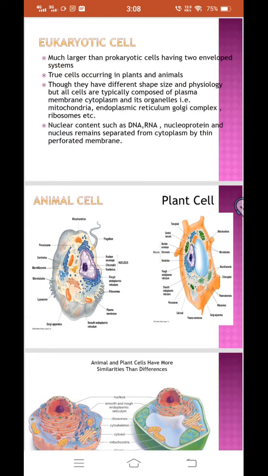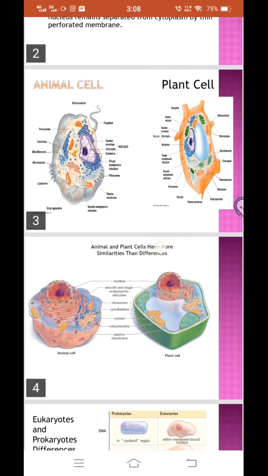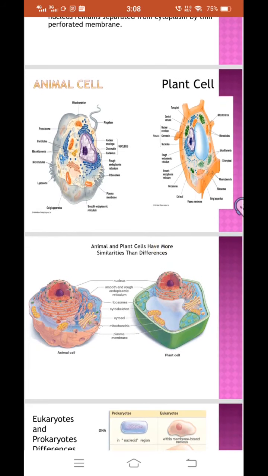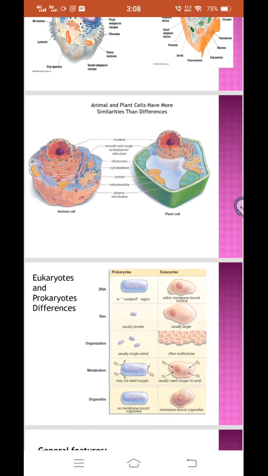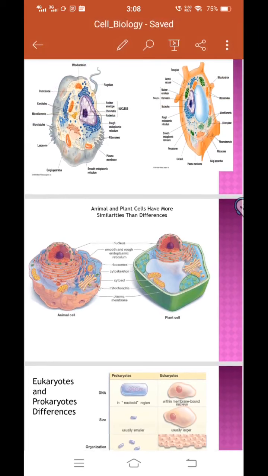Okay. Now this plasma membrane is the external covering of the eukaryotic cell. And in some cells, like our plant cells, the cell wall is also present. Okay. So this is also the structure of the eukaryotic cell.